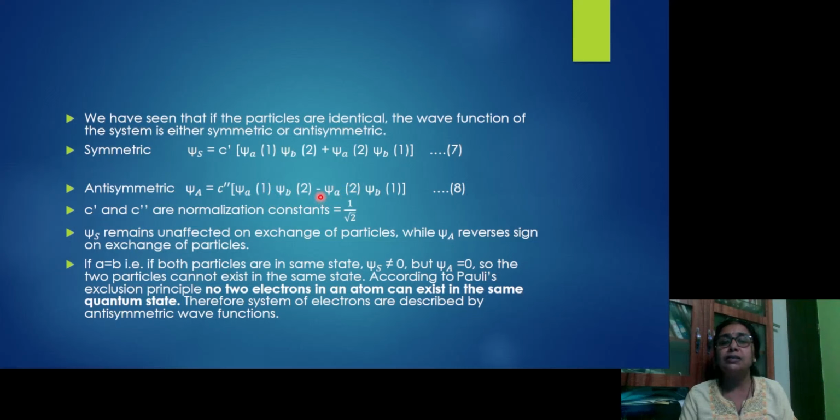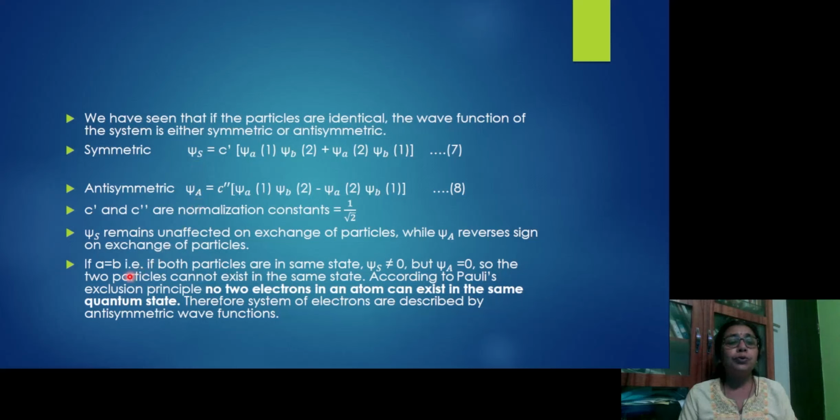This is another linear combination, multiplied by c double dash, another constant. C dash and c double dash are normalization constants, and each of them is equal to 1 upon root 2. Now we can verify that psi s remains unchanged if we exchange the particles, and psi a reverses sign on exchange of particles. So psi s is a symmetric description and psi a is antisymmetric.